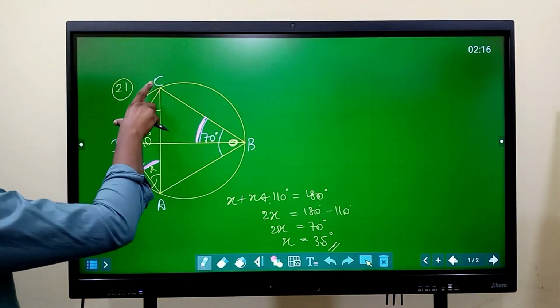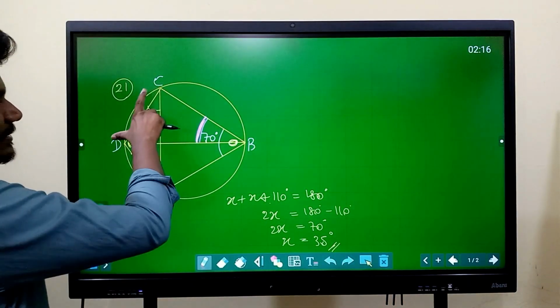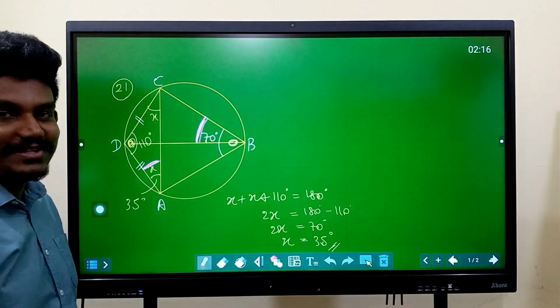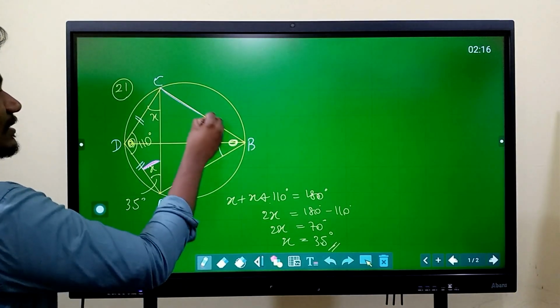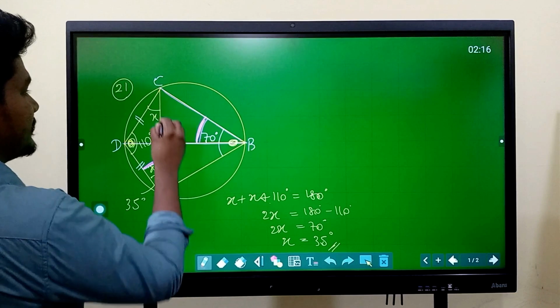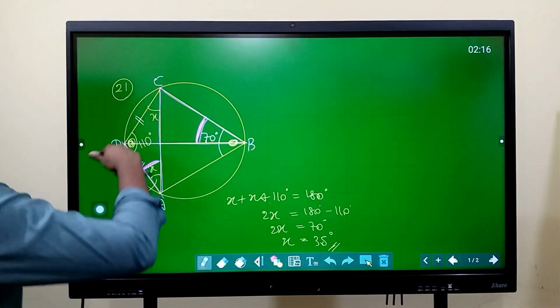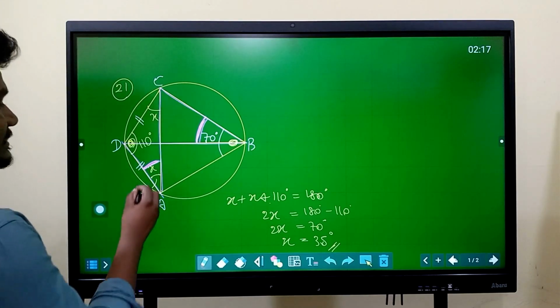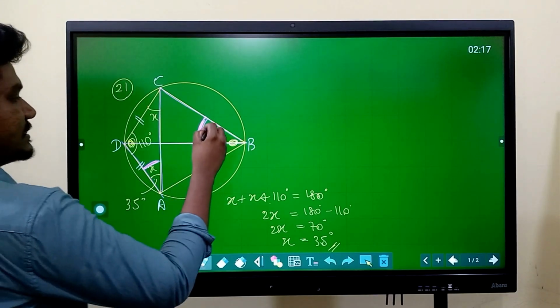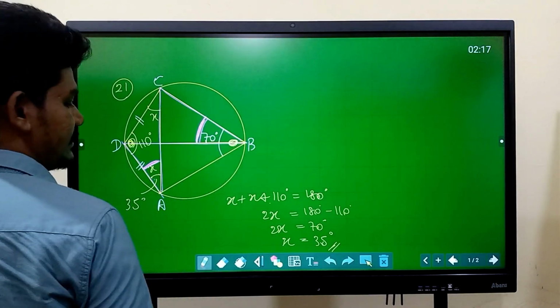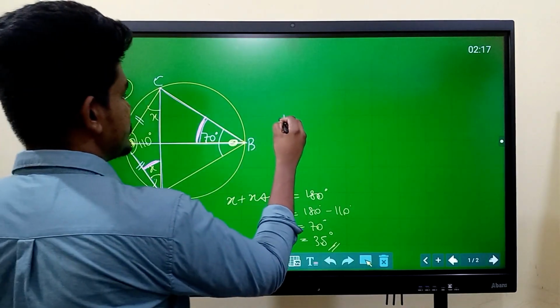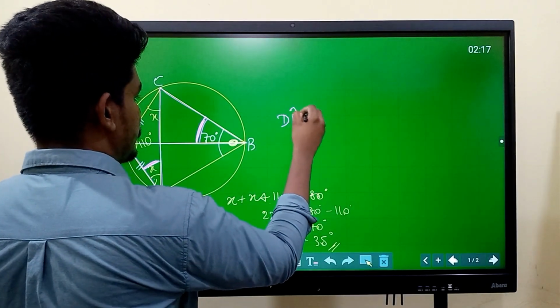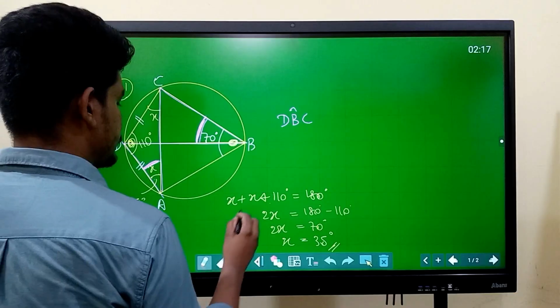Now look at this. DAC and DBC. Those two angles are in the same segment, right? In the segment DC. So those two angles are equal to each other. Therefore, since this is 35, this is going to be 35 degrees. Then DBC equals 35 degrees.